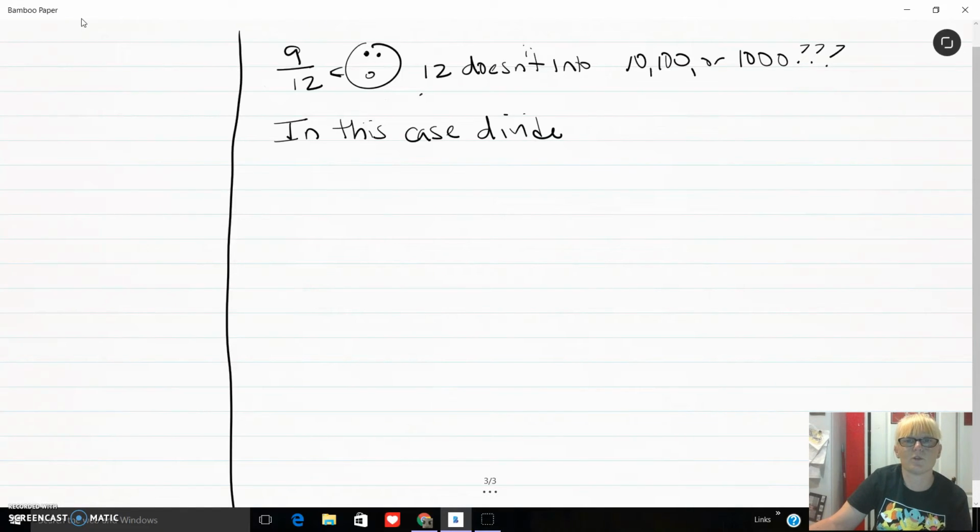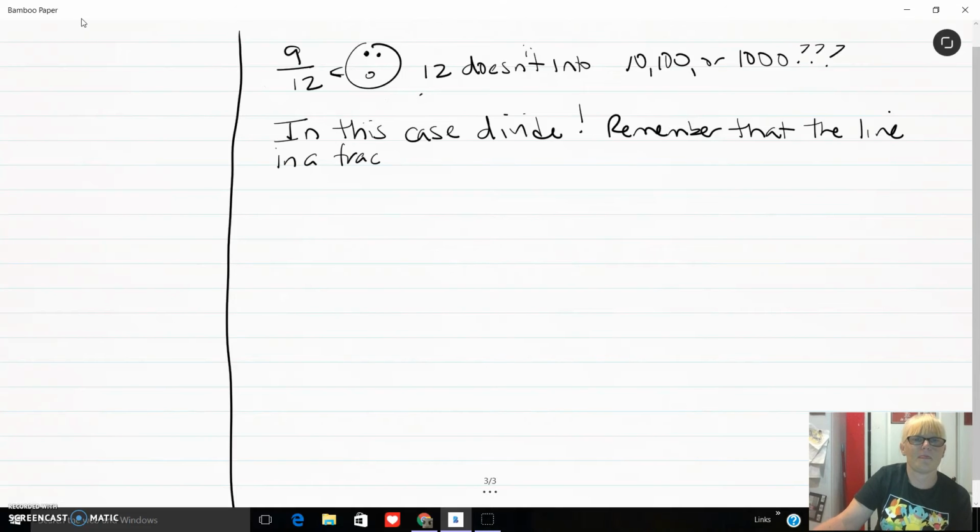All right, so in this case, we're just going to divide. Remember that the line in a fraction means divide. And when I see that, I've got a fraction.